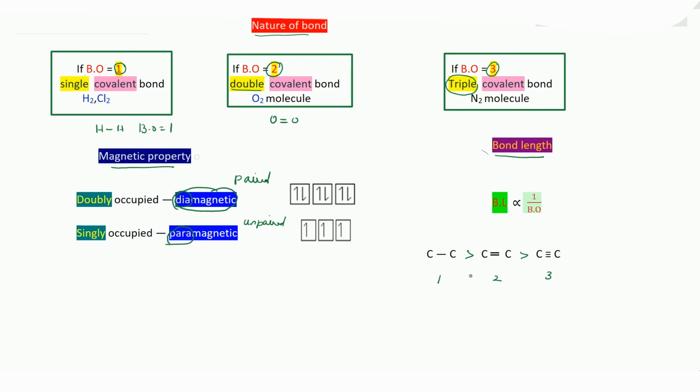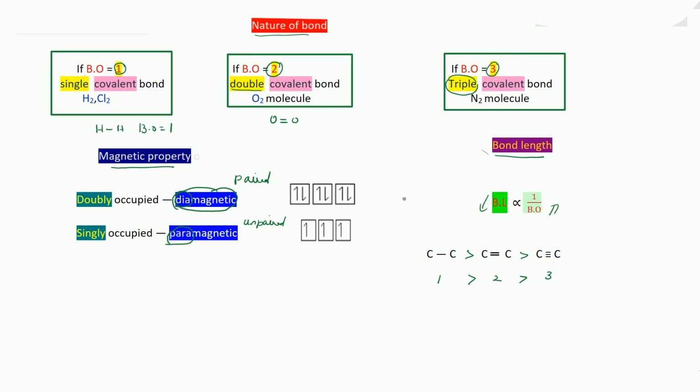So as the bond order increases, the bond length decreases. So from the bond order, you can know the bond length.